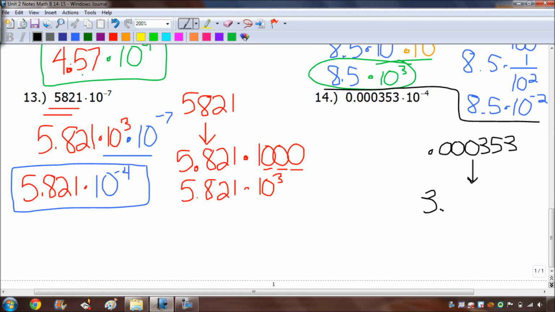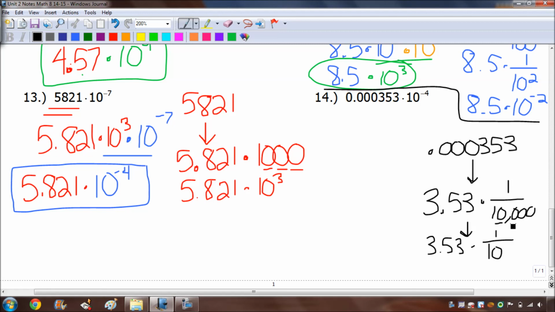So I've got 3.53 times 1 over 10,000. Well, I know that 1 over 10,000 really is 1 over 10 to the 4th power. So that means that this becomes 3.53 times 10 to the negative 4th power.